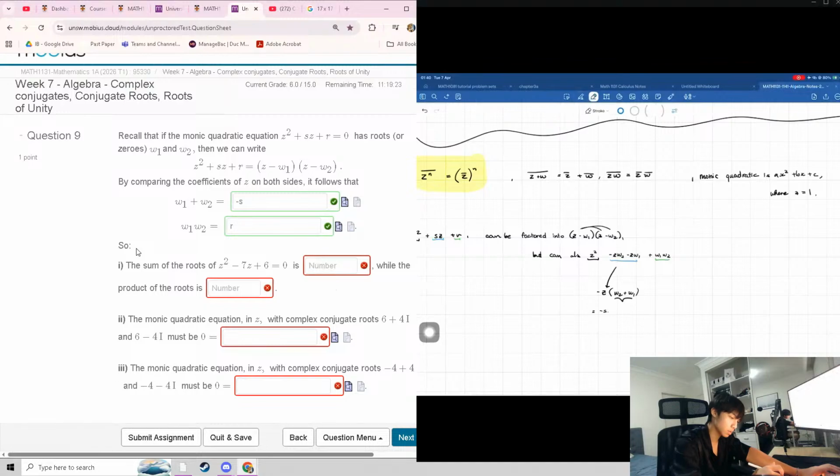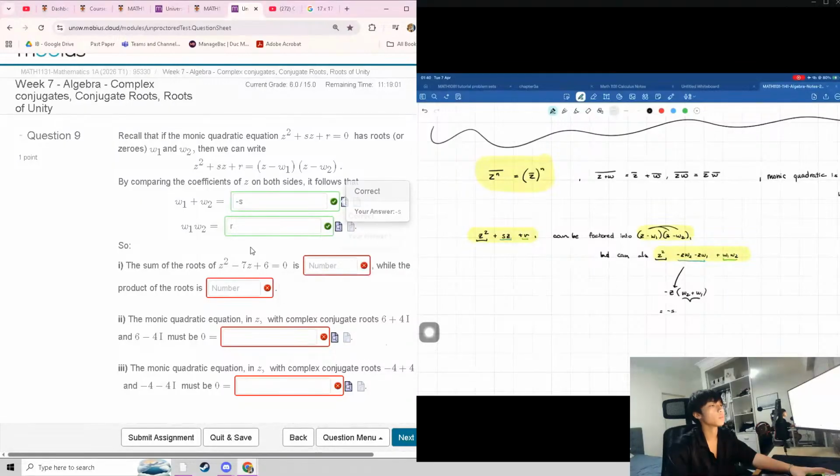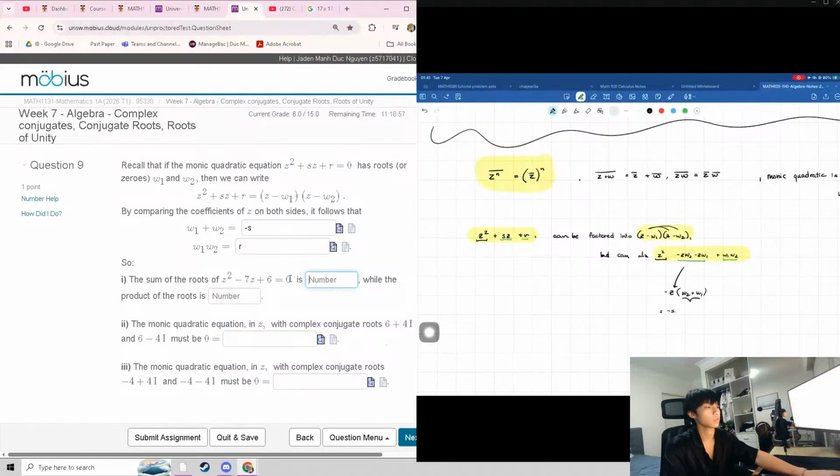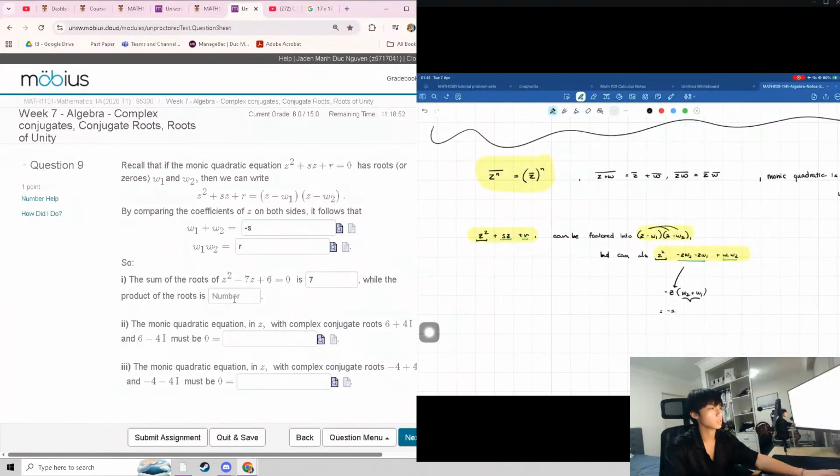Good way to think about it. So the sum of the roots, Z. Okay, so the sum of the roots is this number 7, and the product of roots is this number 6.